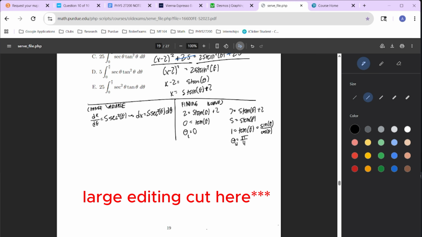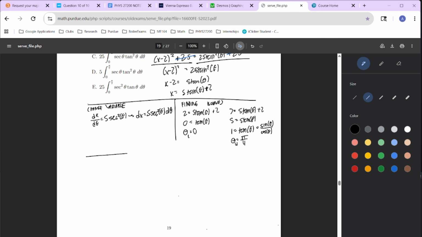So with that being found, we can begin setting up the integral for this problem. Thank the gods that we do not have to actually solve it. We see the integral from 0 to pi over 4 of the square root of all of that.